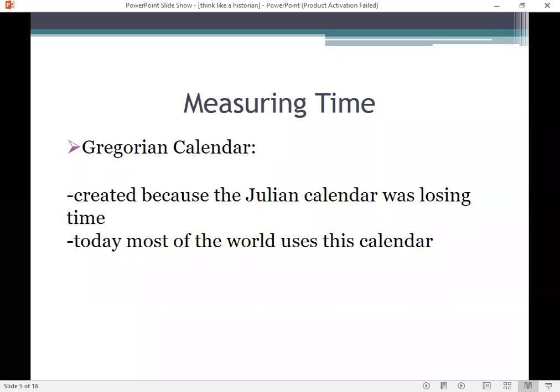Hala, can you tell me why do we use timelines? Or when do we use timelines? Yes, we said there are 2 measuring methods of time, calendars and timelines. When do we use a calendar and when do we use a timeline? I'm asking you, when do we use a timeline?